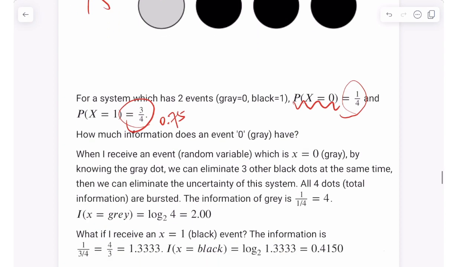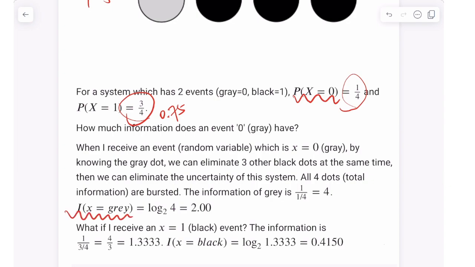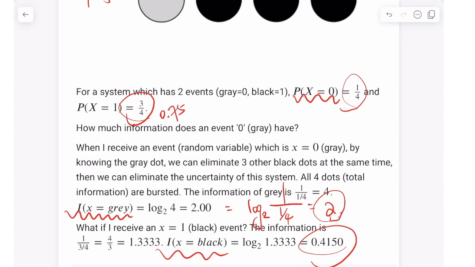The definition of information is again log 2 of 1 over the probability, and that is 2. So the information of the gray event is 2. The information of the black event is 0.4.